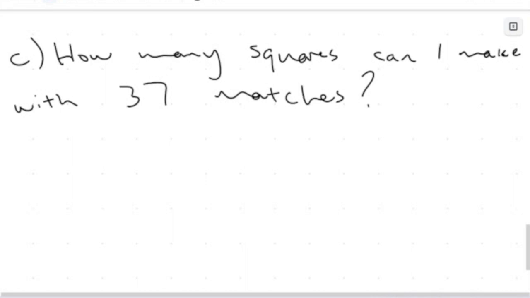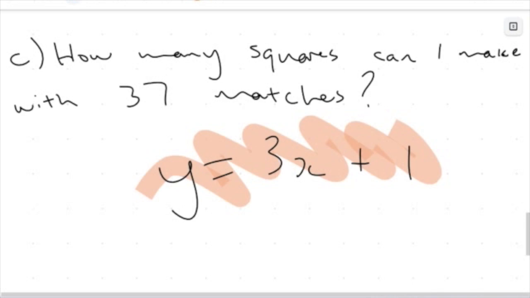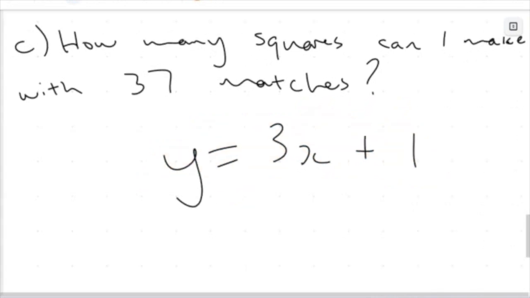Well, that's not a problem to us because we have a rule that relates matches or matchsticks to squares. And that's this one here that we've already figured out. The hardest thing, guys, is figuring this out. But once we have it, it blows the whole question open.